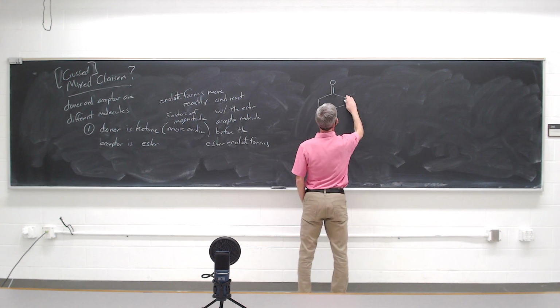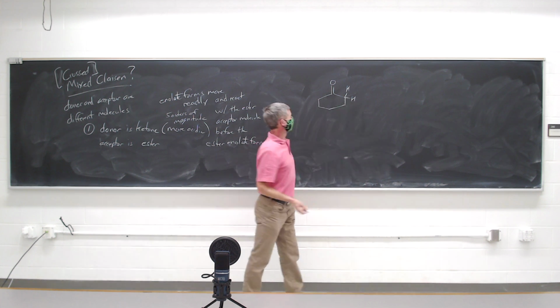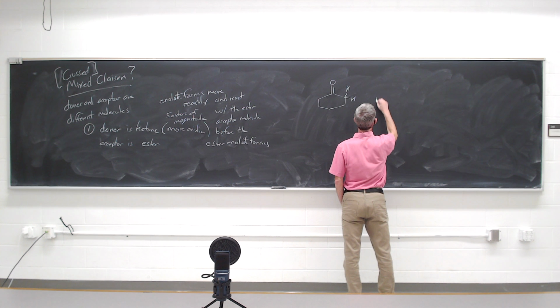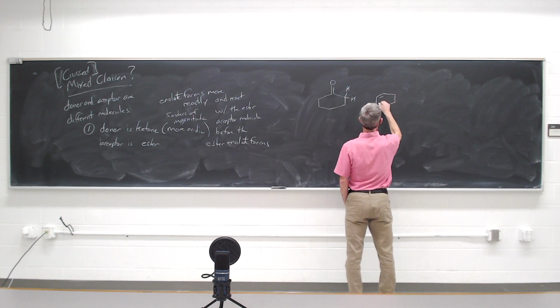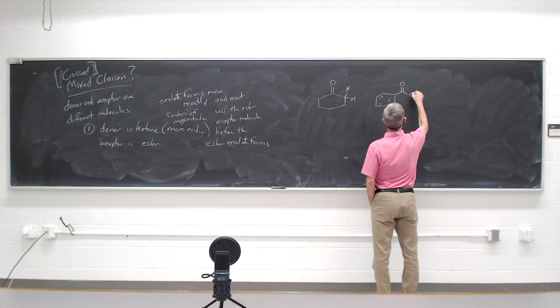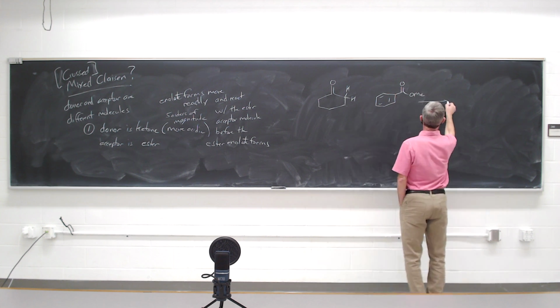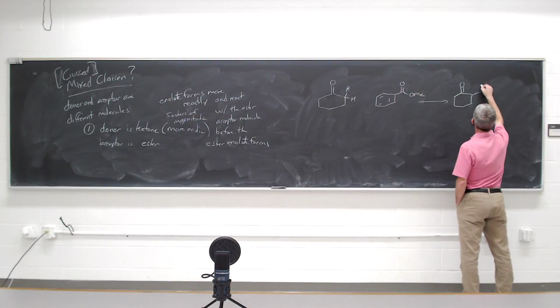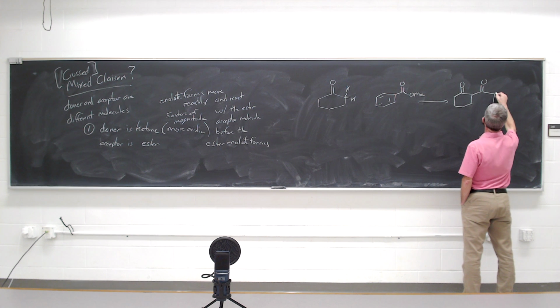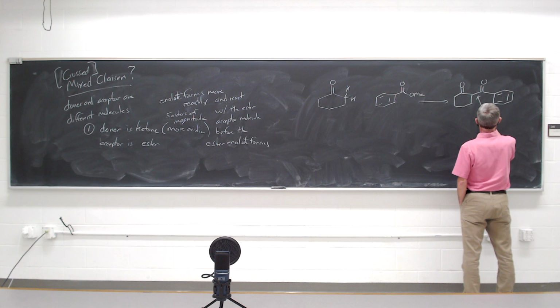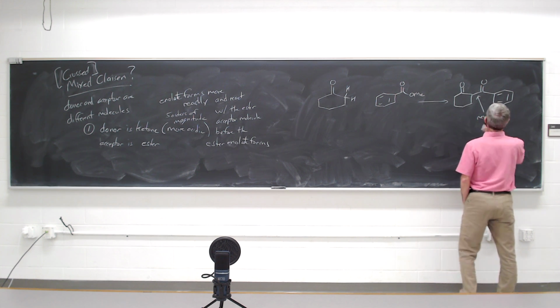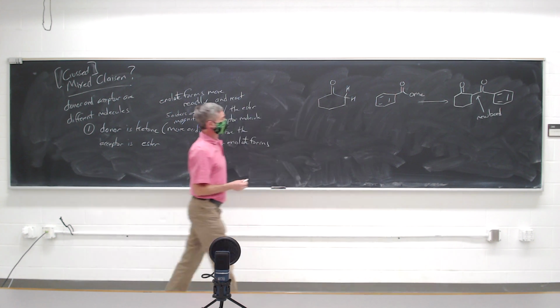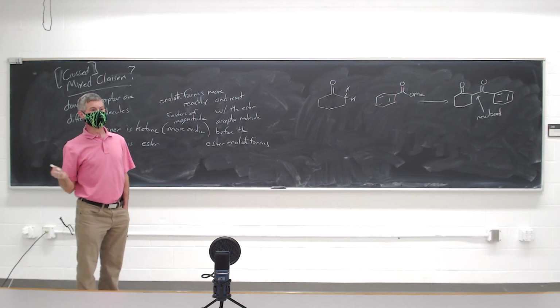Let's use this ketone. So if you take cyclohexanone and you mix it with some kind of ester, you're likely to get a 1,3-diketone instead of a beta ketoester, right?